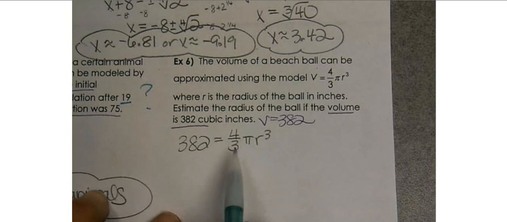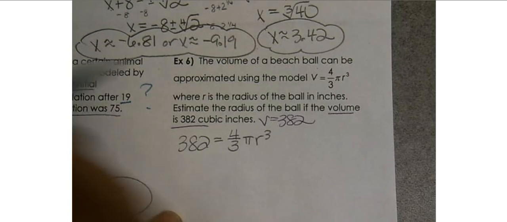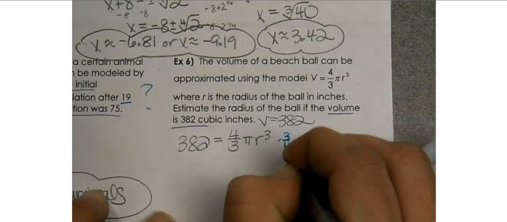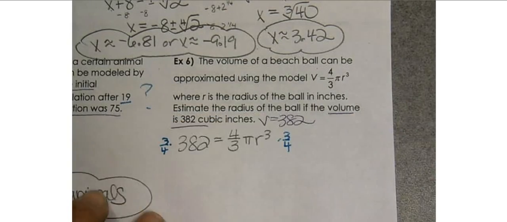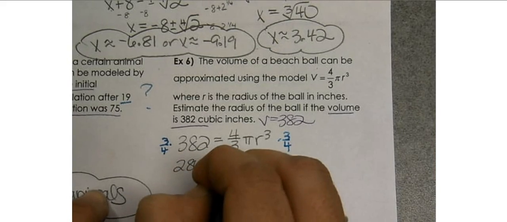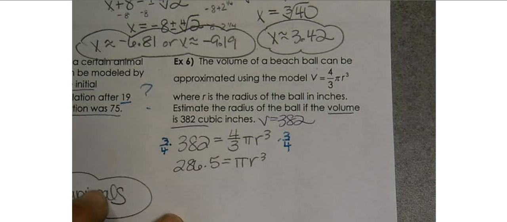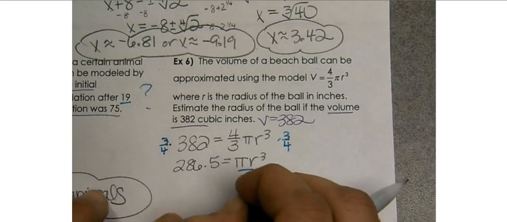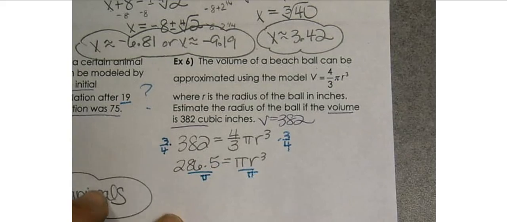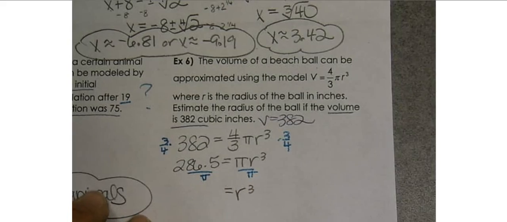We might want to get rid of the 4/3 first by multiplying everything by 3/4, the reciprocal. That would give us 286.5 equals pi r cubed.